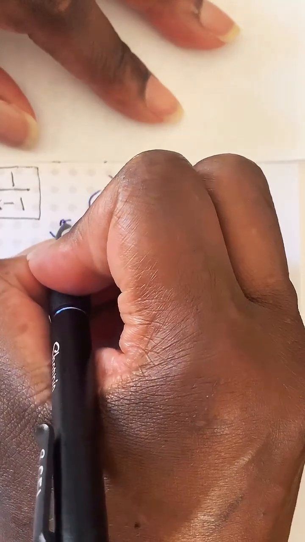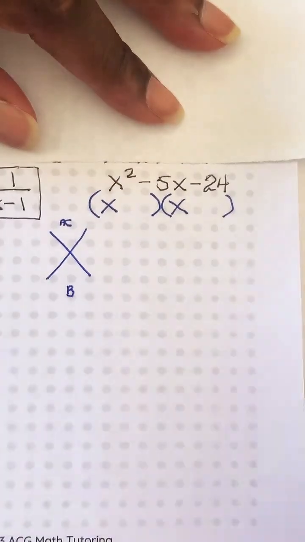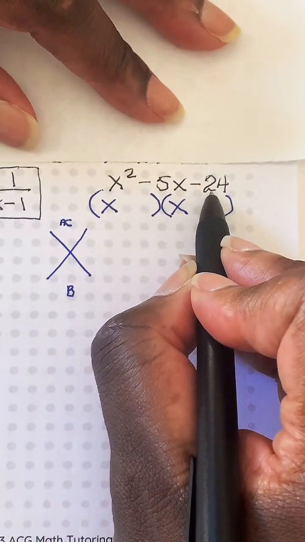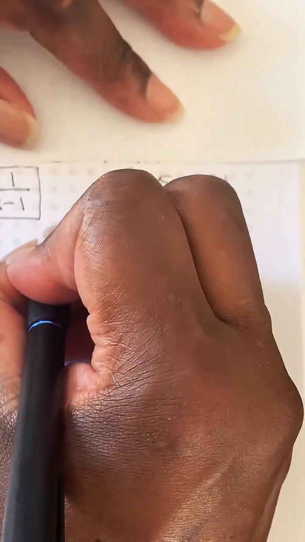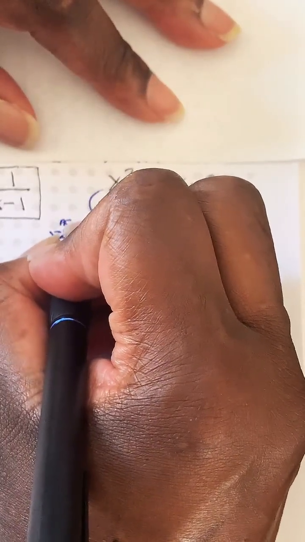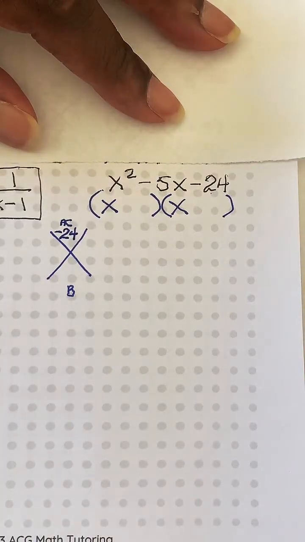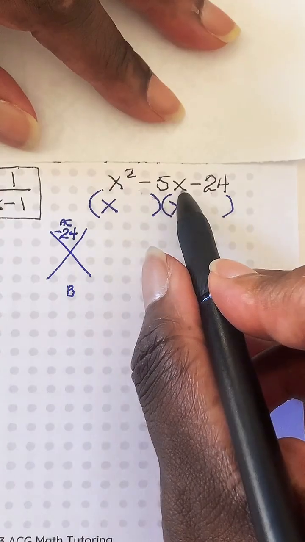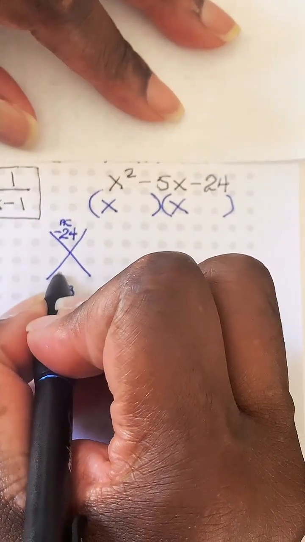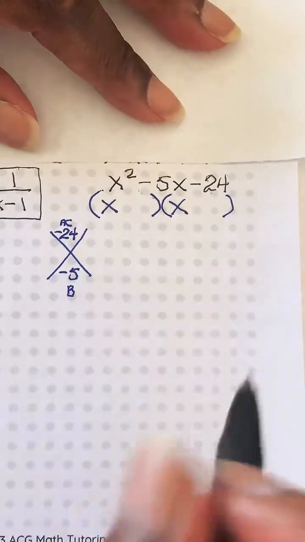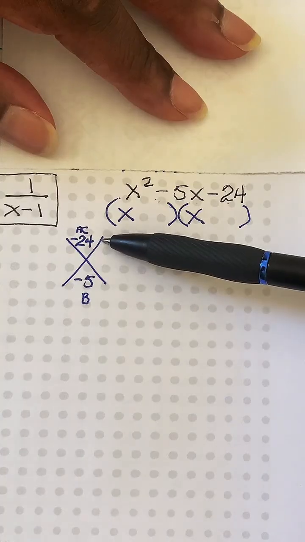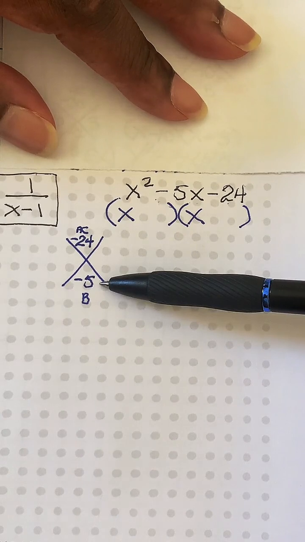We want our A and our C, and we want our B. Our A is 1, our C is our constant, which is negative 24. We're going to rewrite our B, which is the coefficient of x, which gives me a negative 5. So now we have to think: what two numbers multiplied together will give me a negative 24 and add together to give me a negative 5?